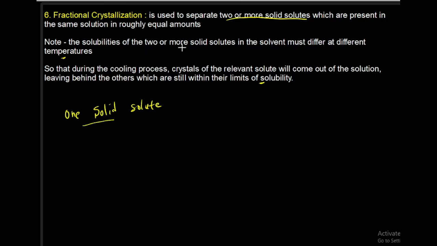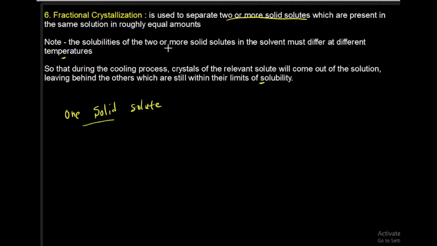So the solubilities of the two or more solids in the solvent must differ at different temperatures, so that as we cool them down, the crystals of these substances will come out at different points in time. That's why this point is very important.